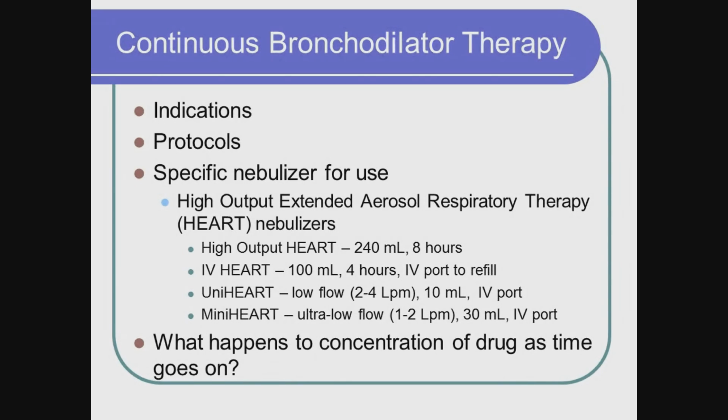I got to figure out some way to make some stupid name up, right? But you can see that the volume that they have is a whole lot higher than our normal 5 milliliters that we might be nebulizing. We're looking at something on the order of 100, 240 milliliters.